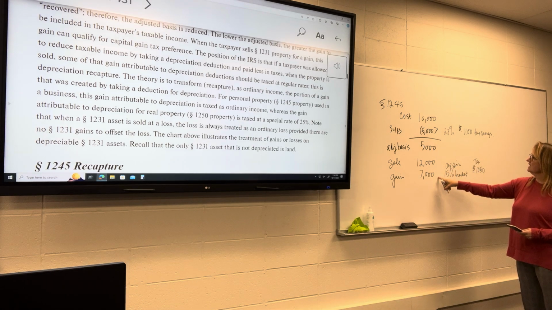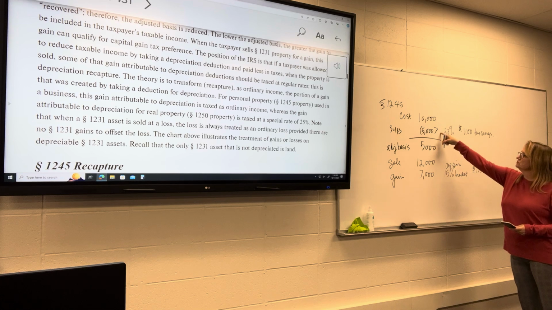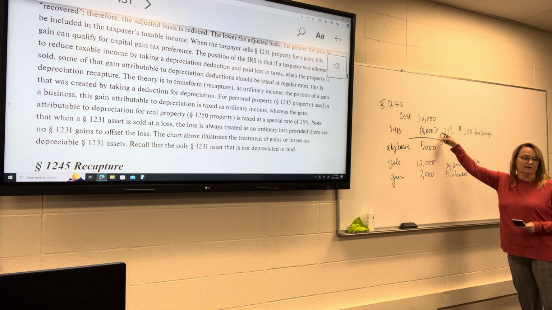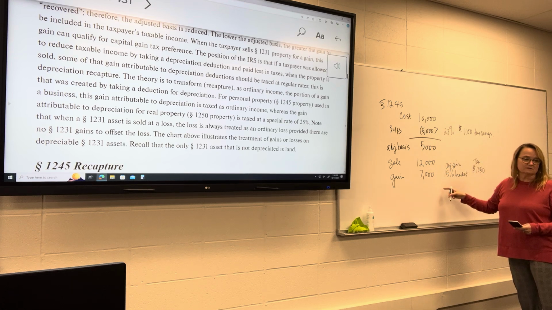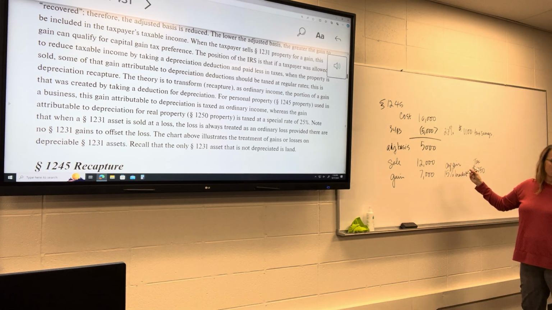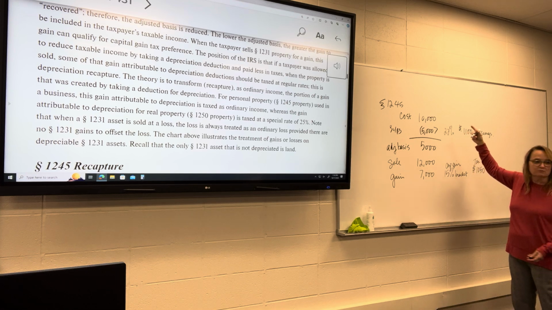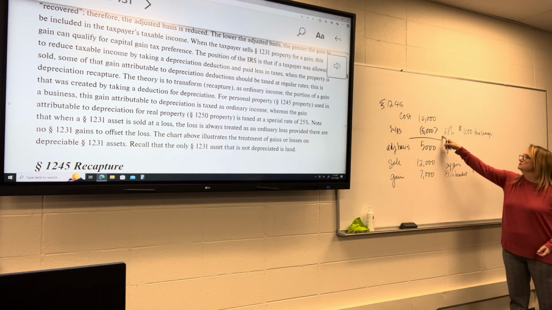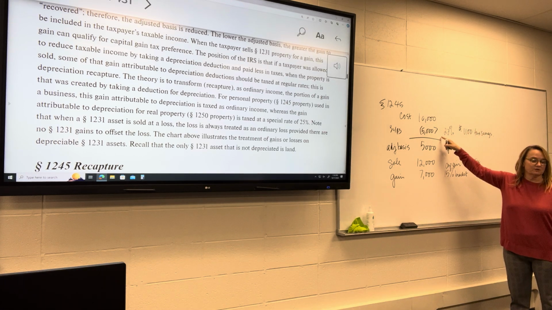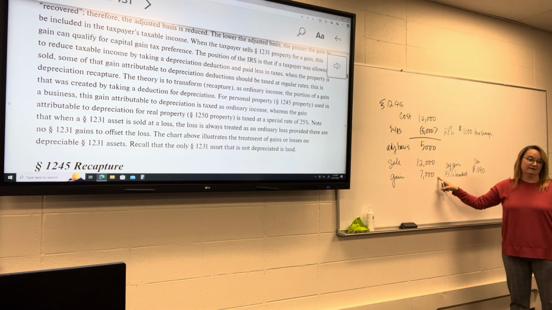$5,000 of this gain is due to this depreciation that we got. It's at a different tax rate. So the IRS says, well, that's not fair. We gave you the benefit of the ordinary tax rate on this depreciation.